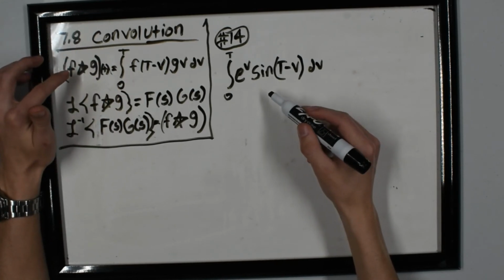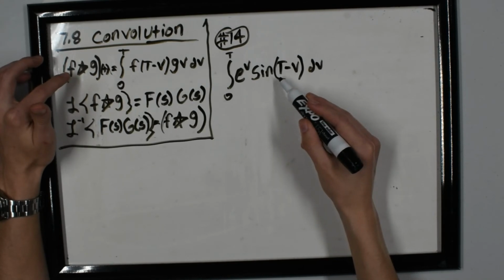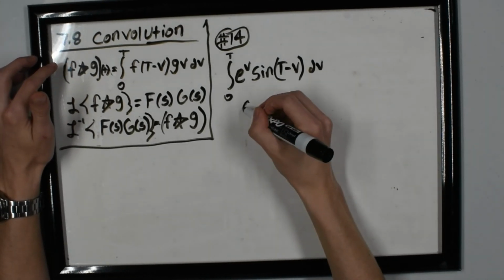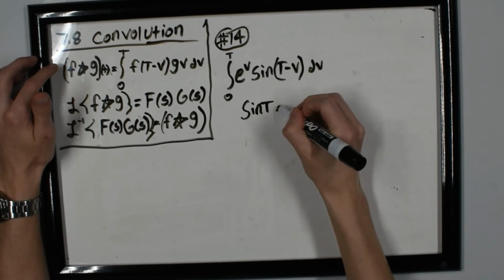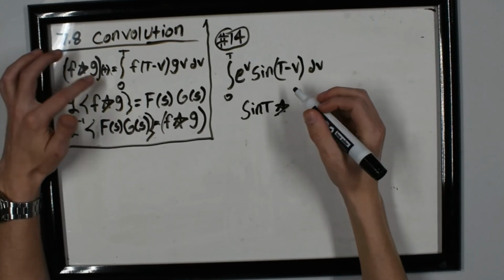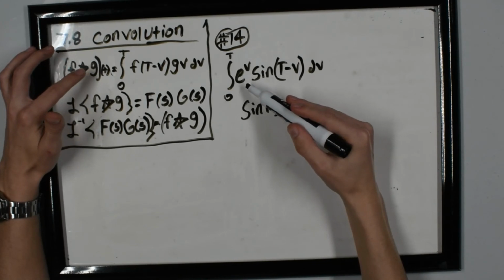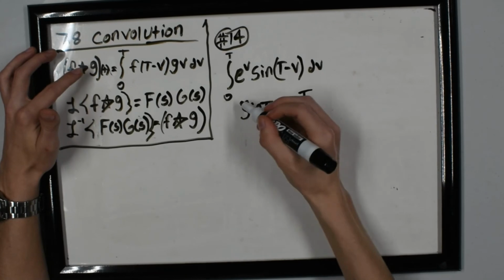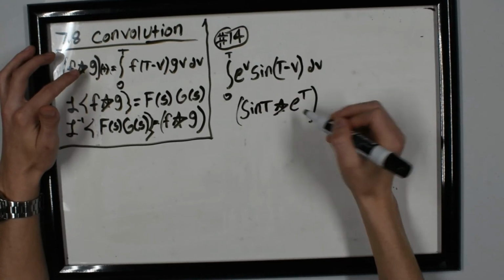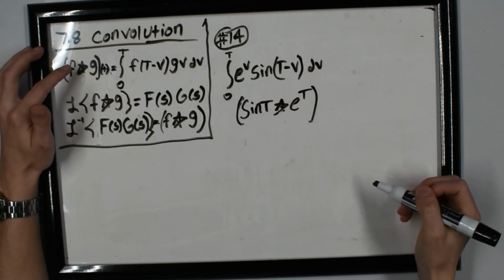So we're going to treat this as sine t, this term right here, convolved with, well, g of v is e to the v, so we just say that's e to the t. Okay, so that's the convolution of this.